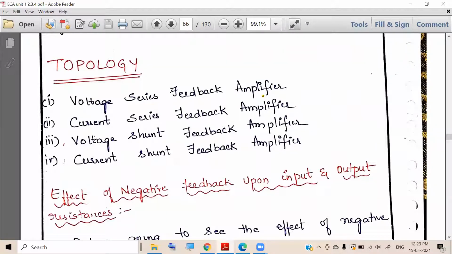So reducing. If you have series connection, the resistance increases. If you have shunt connection, the resistance decreases.